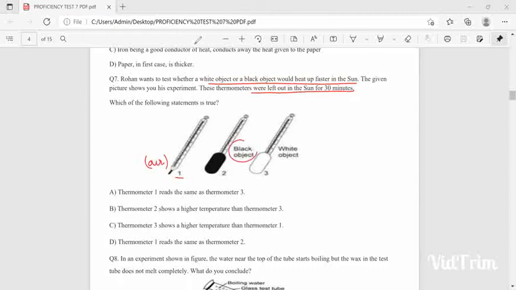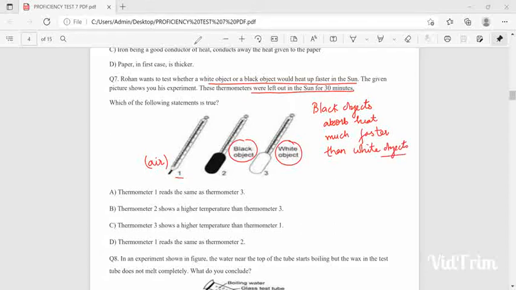Now we know that black objects absorb heat much faster as compared to white or light colored objects. Here, thermometer 2 is showing the temperature for the black body and thermometer 3 is showing the temperature for the white body.